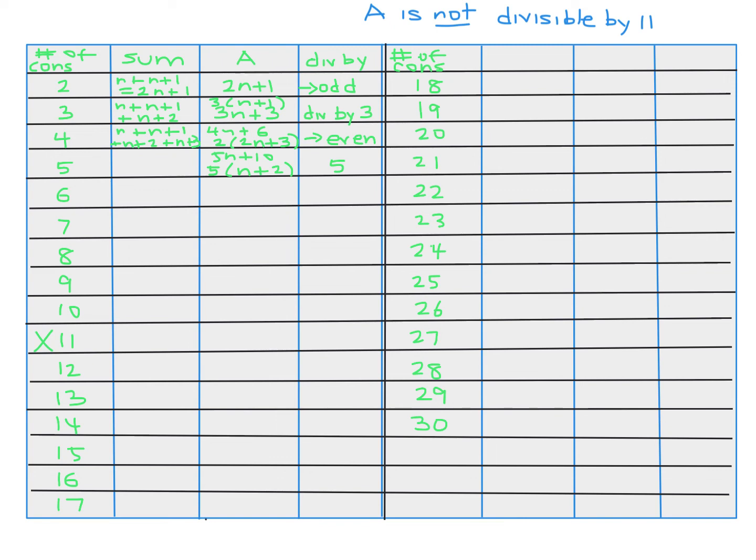When the number of consecutive integers is 6, this becomes 6n plus 15, which is 3 times 2n plus 5. That tells me it's divisible by 3, which is a result we already got up here, so that's good. There's at least some consistency. 7 is 7n plus 21, which you can factor a 7 out of. That's 7 times n plus 3, divisible by 7.